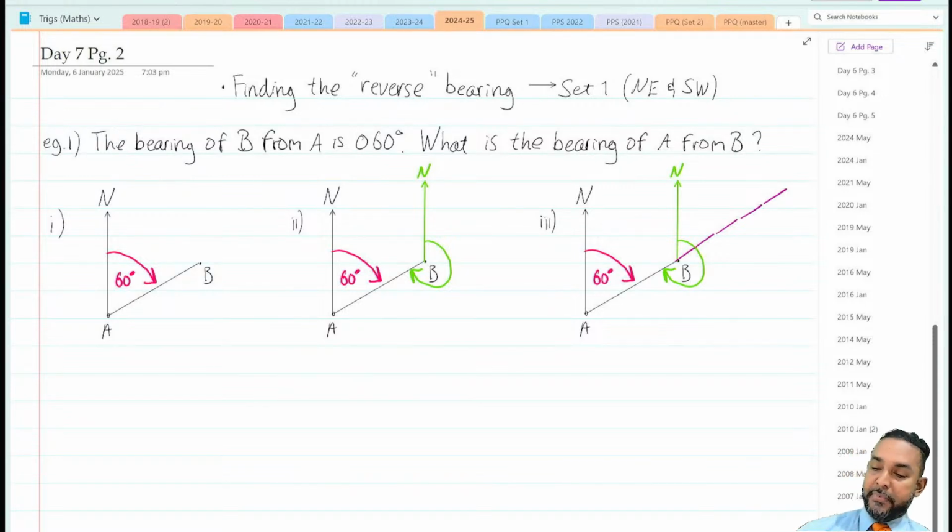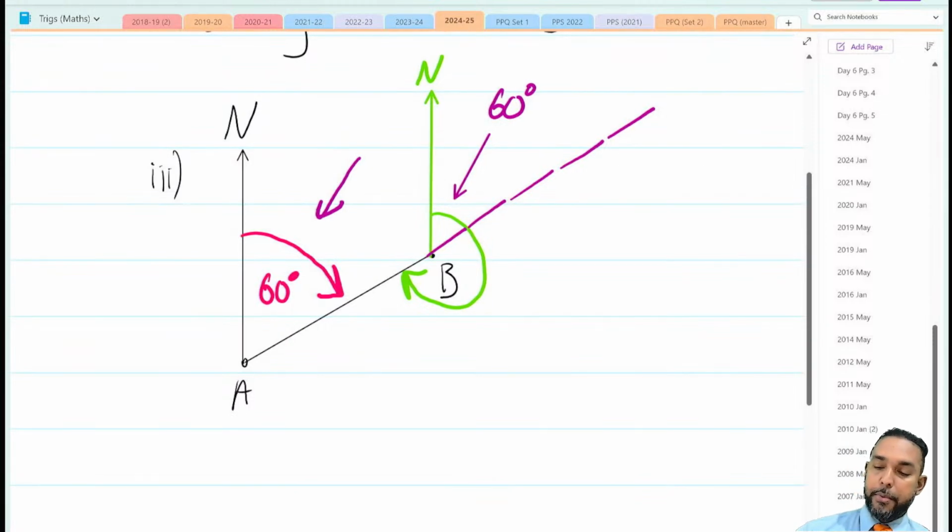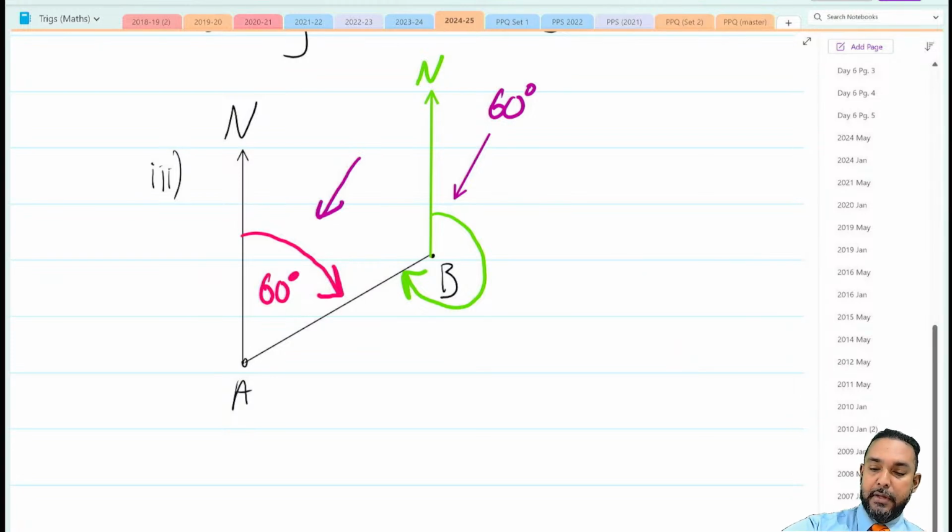Now, what does that mean? It means that this angle here and this angle here are equal, which means this piece here is 60 degrees. Now, let me zoom in for a second here. So what we've done there, when we inserted the broken line, is we've cut that bearing, the green angle, into two pieces.